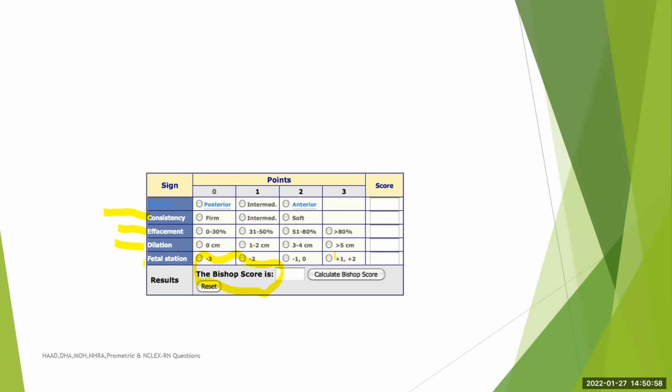Okay, what is fetal station? It is the relationship of the presenting part with the denominator of the pelvis. What is that denominator of the pelvis? Yes, ischial spine. Very good.